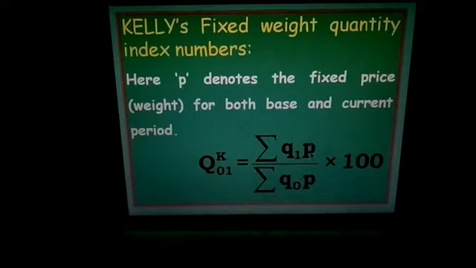Here it is neither P0 nor P1. P fixed as the weight we have applied, multiplied by 100. This is what is called the fixed weight quantity index number. The same format was used in price, but there it was sum of P1 divided by sum of P0, and Q fixed was the weight applied.